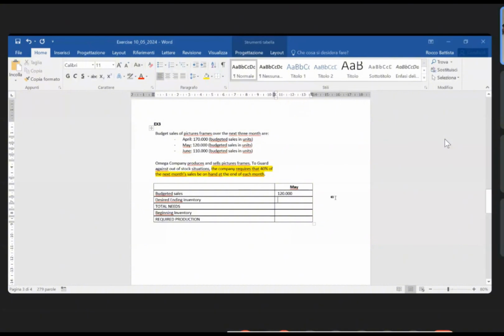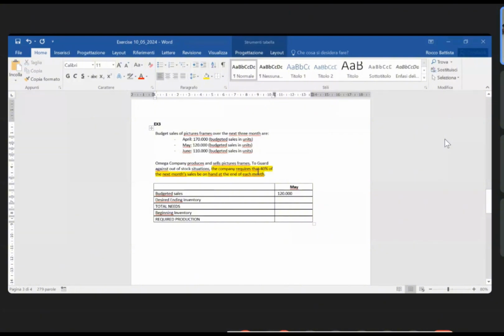Okay, your colleague is right. What we want to have at the end of each month is 40% of the next month's sales. We are in May. We know that the next month's sales are 110,000.